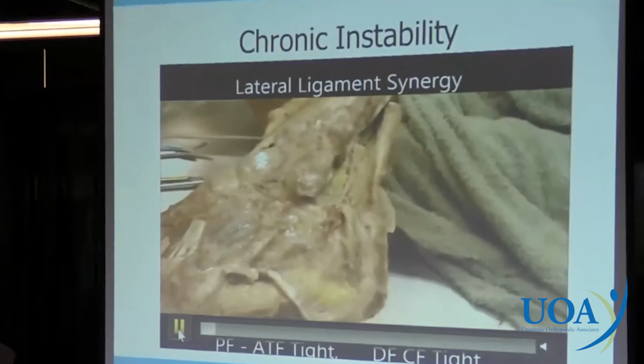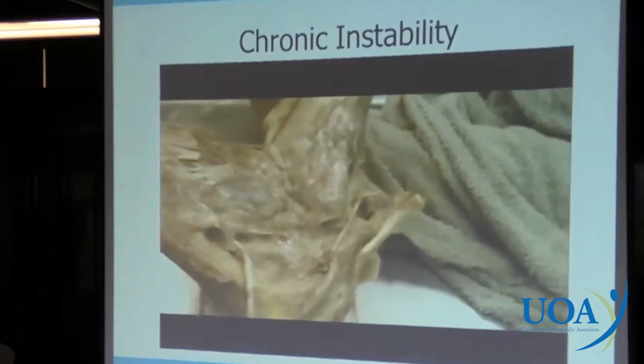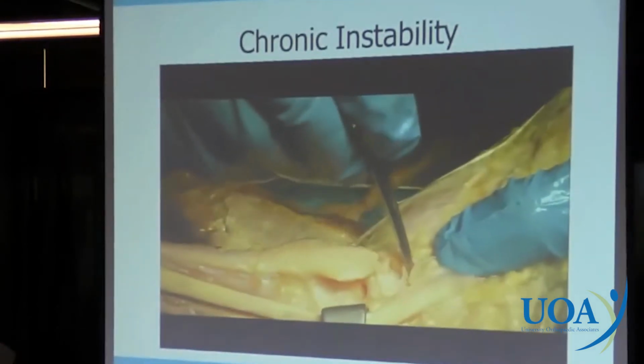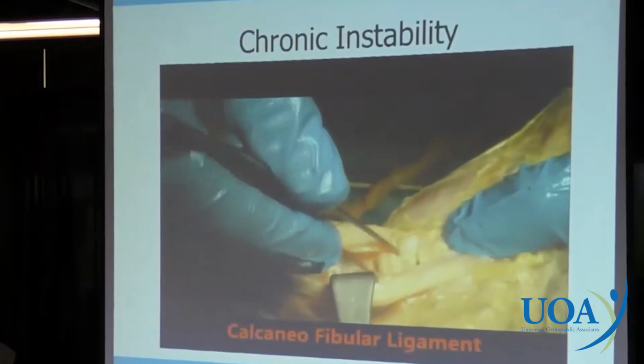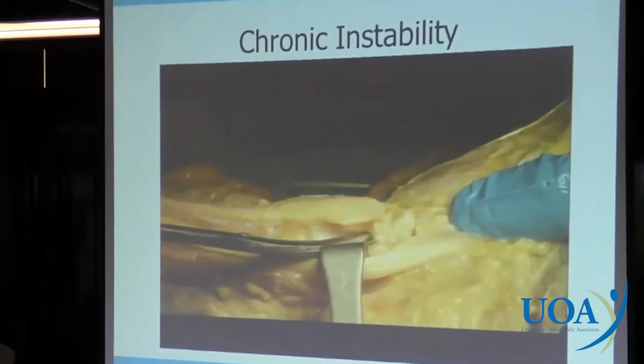So this is a cadaver specimen showing the ankle range of motion with the ligaments intact. And then here's a dissection. The peroneal tendon is at the retractor, and the scissors are cutting the calcaneofibular ligament.